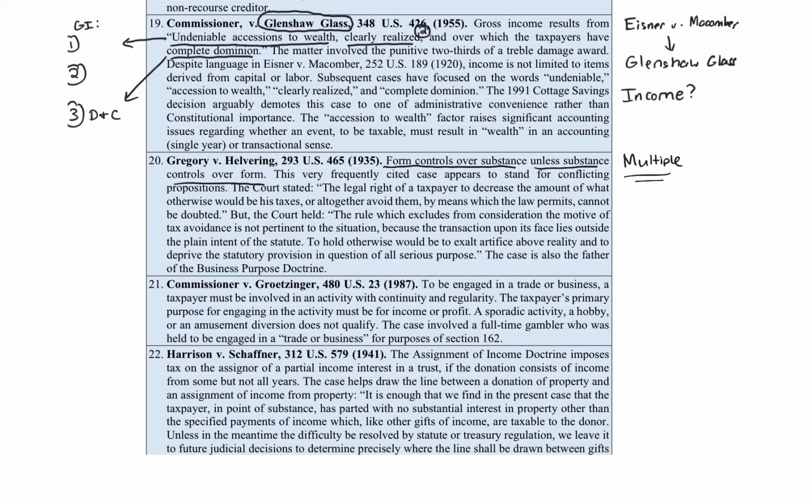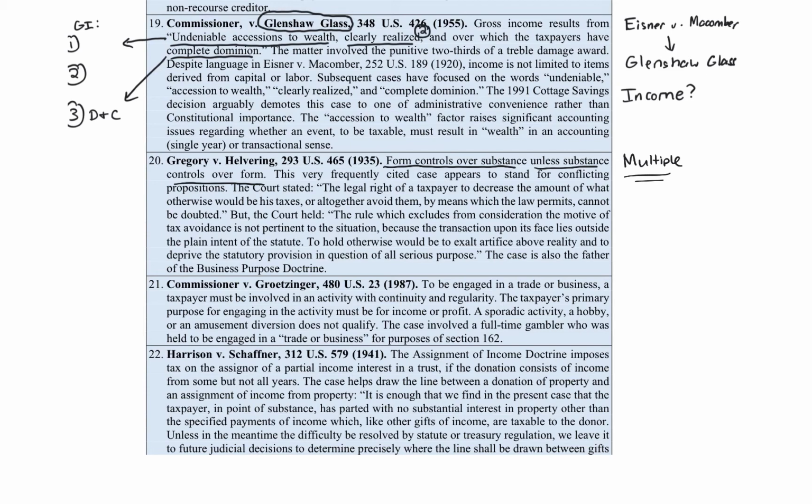So form controls over substance, meaning you have to meet the criteria in the statute. If you don't, too bad. But if you do meet the formalities, and you lack the substance, too bad. So what is it saying? Heads, taxpayer wins. Heads, IRS wins. Tails, IRS wins.